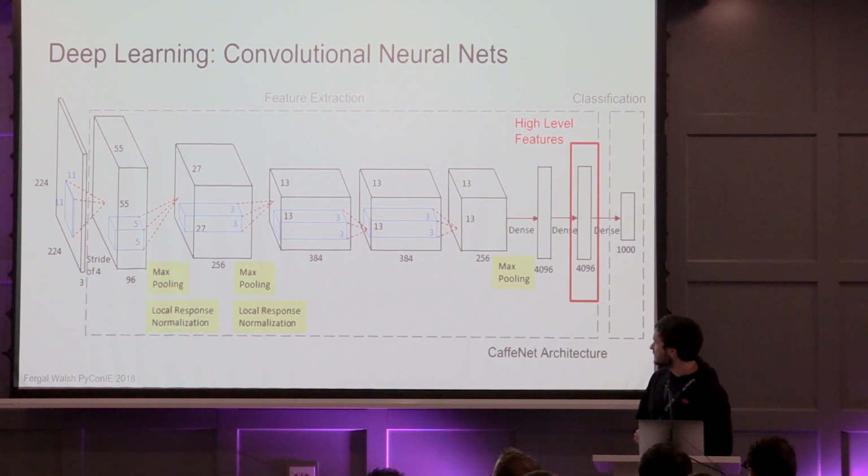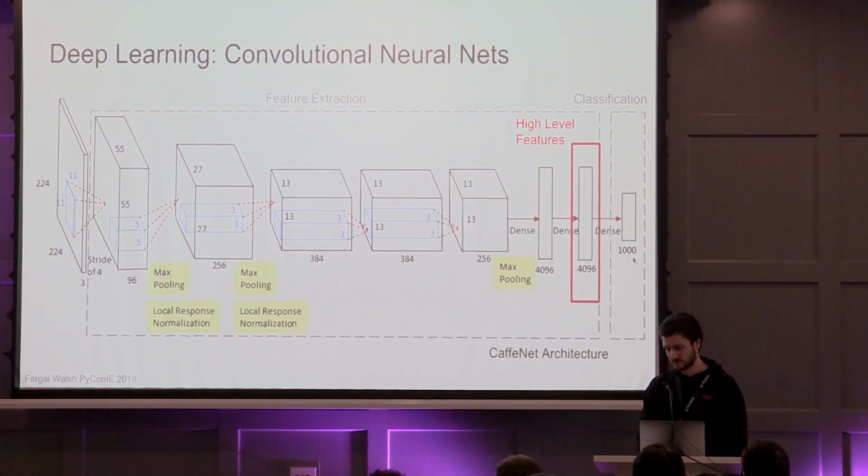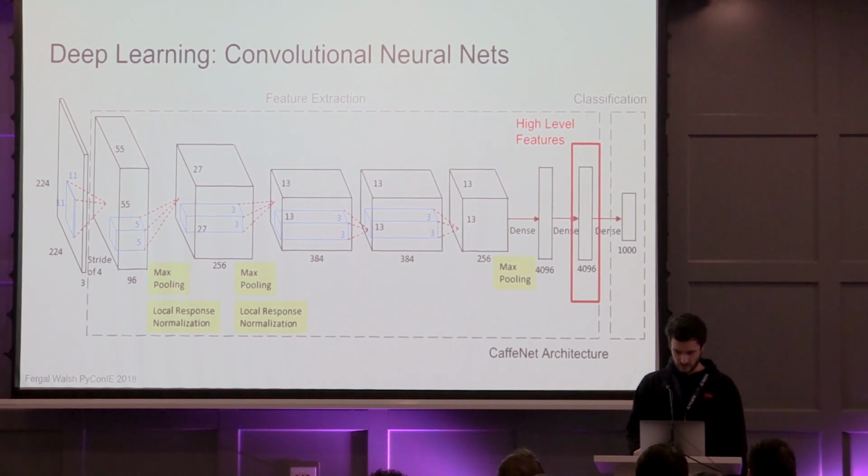And what they realized was that basically the very last layer before the classification layer is a really, really good feature detection layer. And what it outputs, instead of the probabilities of 1,000 classes, it outputs a vector of 4,096 dimensions, which is just a big long list of numbers.